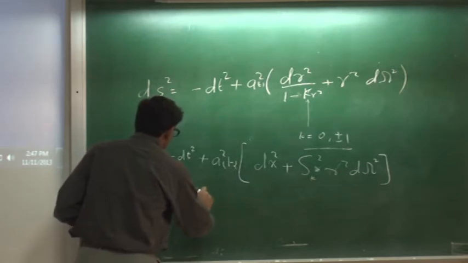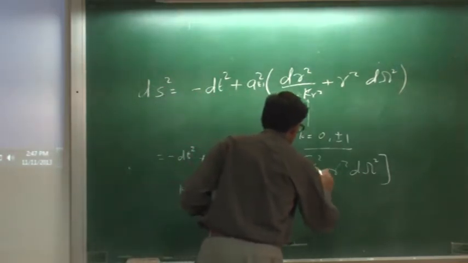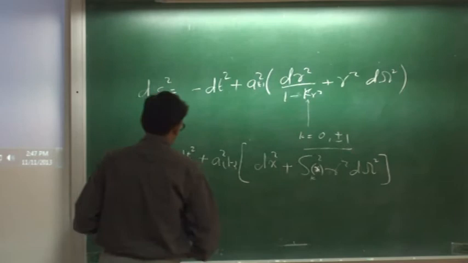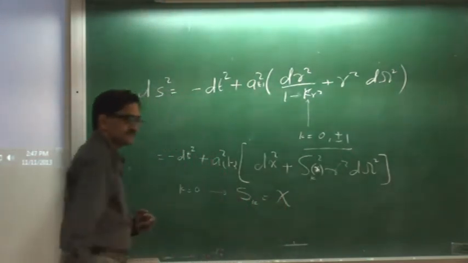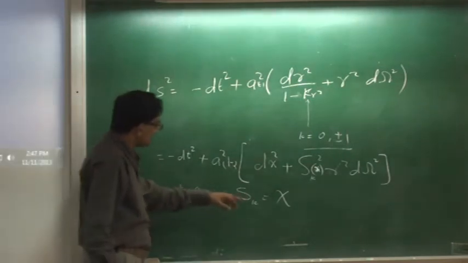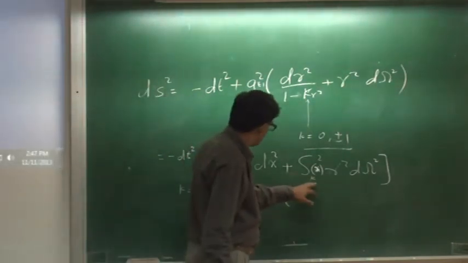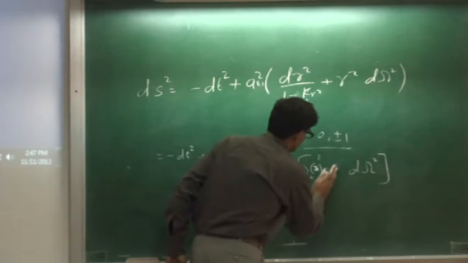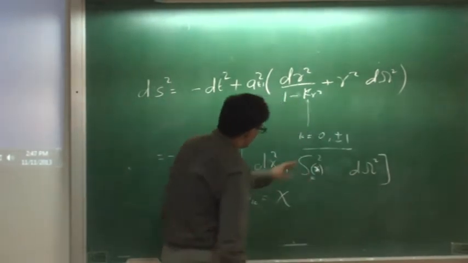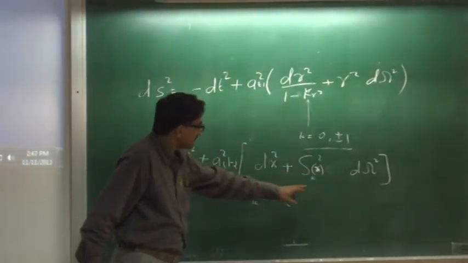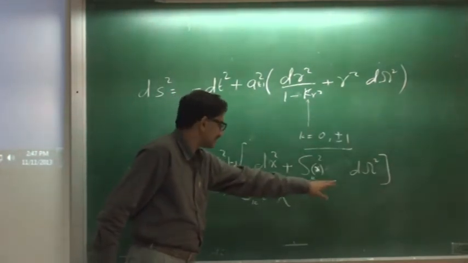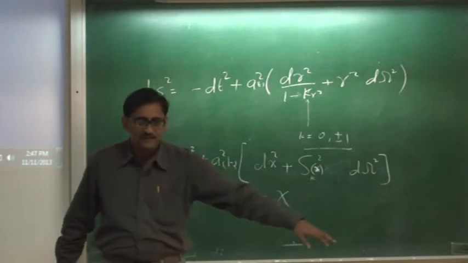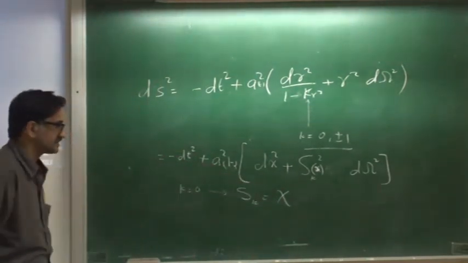If k equal to 0, s of k equal to chi itself. So in other words, for k equal to 0, it is Cartesian, the three-dimensional flat space described in spherical polar coordinates.